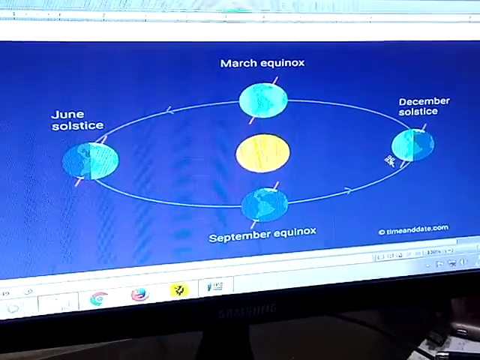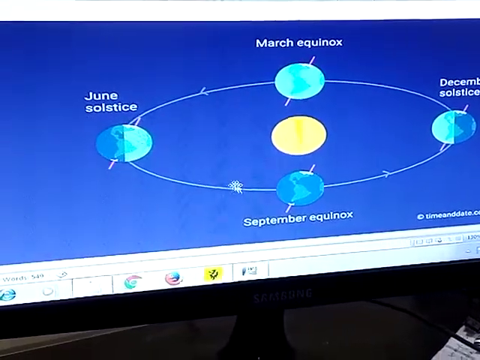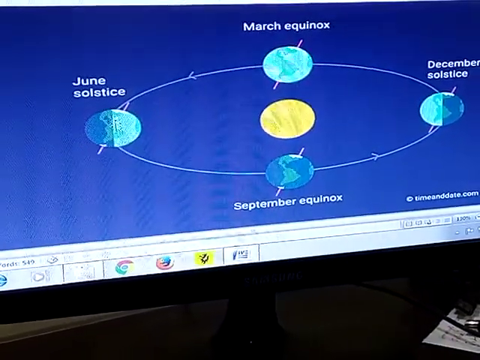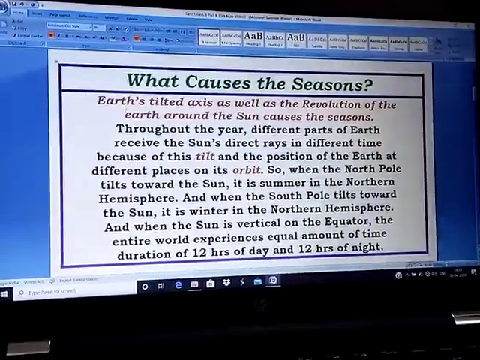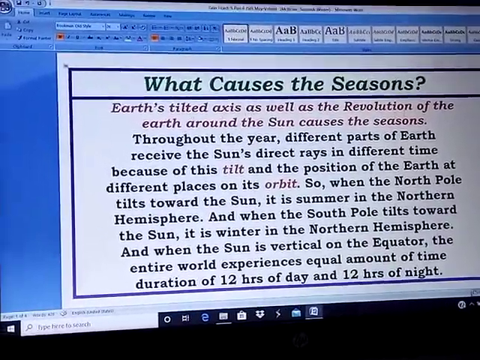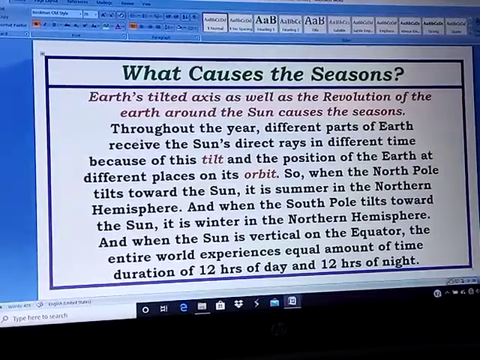That's very important. Another reason is that the earth is revolving, going around the sun. So these 2 reasons together, the earth's tilt as well as the revolution of the earth around the sun, together cause the seasons.